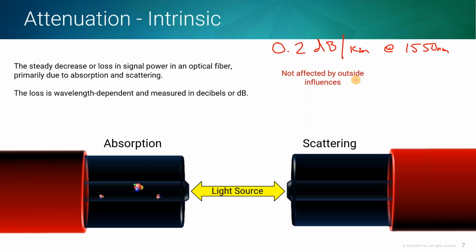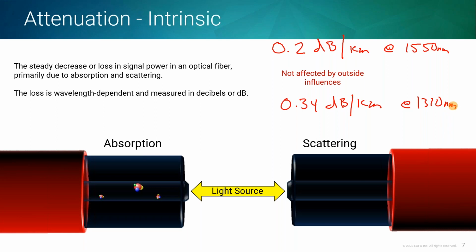Again, this will vary. There's ultra low loss glass and other types, but this is just kind of a generalized statement. This is at 1550. For 1310, it also depends. It's usually about 0.34 in that range of loss per kilometer at 1310. So 1310 nanometers has more attenuation.